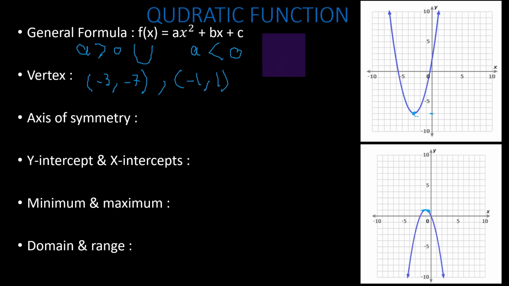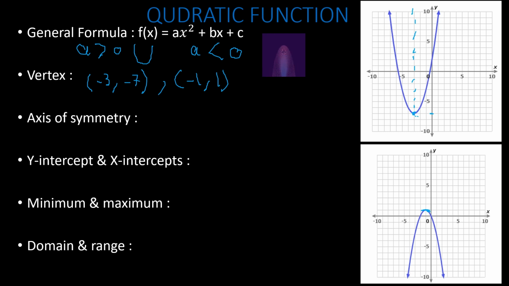Axis of symmetry. It's the axis that splits the parabola into two similar shapes, so it should pass through the vertex. From here, this is the axis of symmetry. It's a line which divides the parabola into two similar parts.